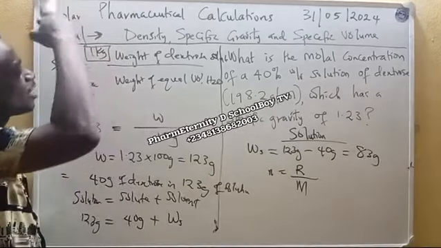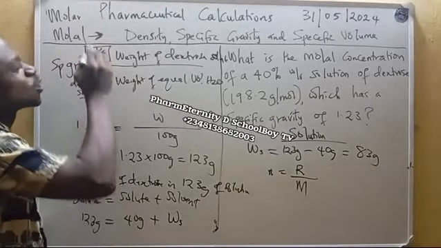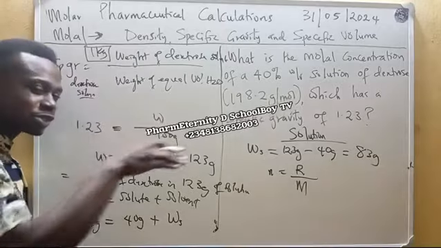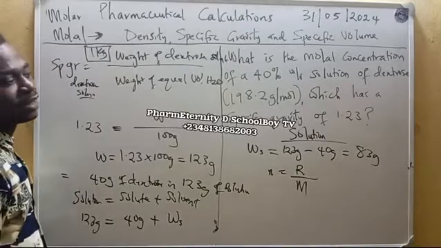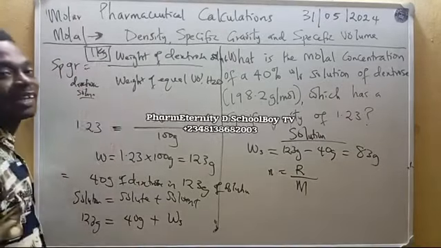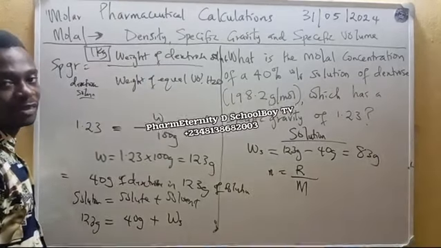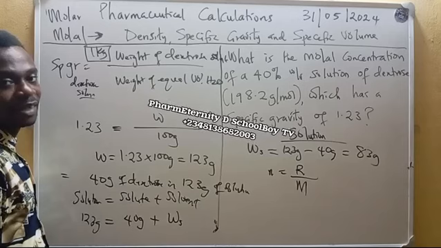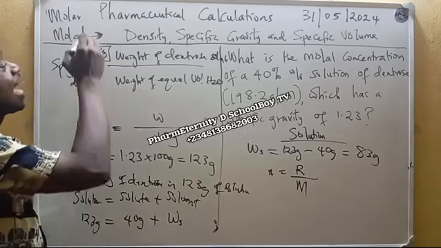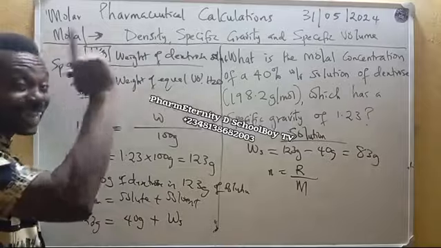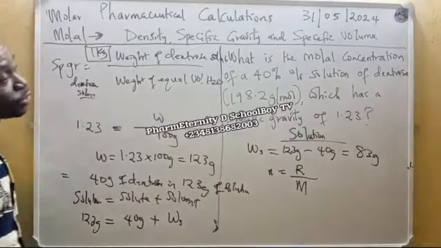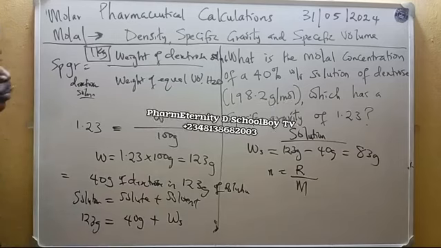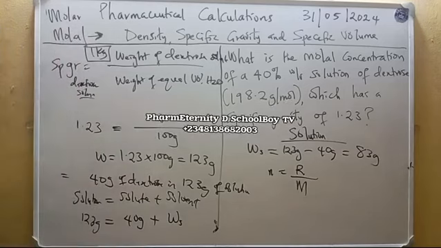But for the other, there's no specified amount of the solvent. This one must be in 1 kilogram of the solvent. So that's our target: the number of moles in 1 kilogram of the solvent.